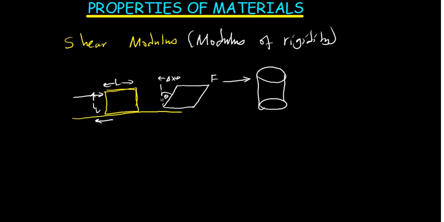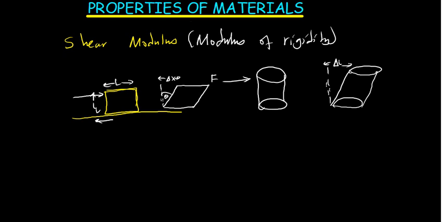And so this thing is also going to change shape, that is how it's going to become. And even for this one, there's a change in length from where it was to where it has gone. So that is about shear modulus.